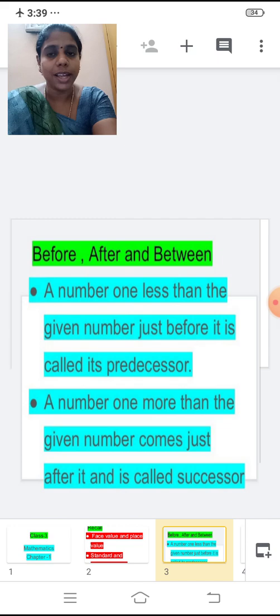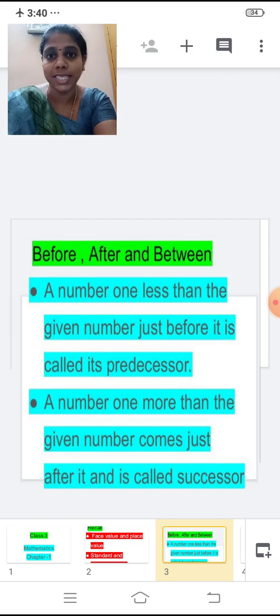The number that comes just before the number is called the predecessor. So what do you mean by predecessor? A number one less than the given number, the number that comes just before it.